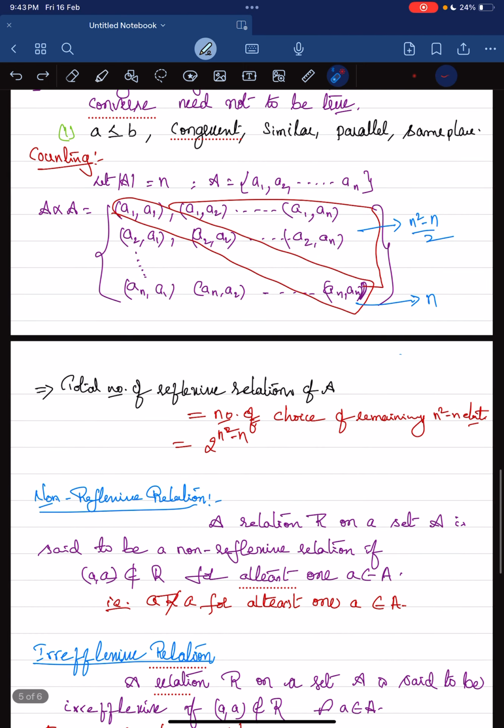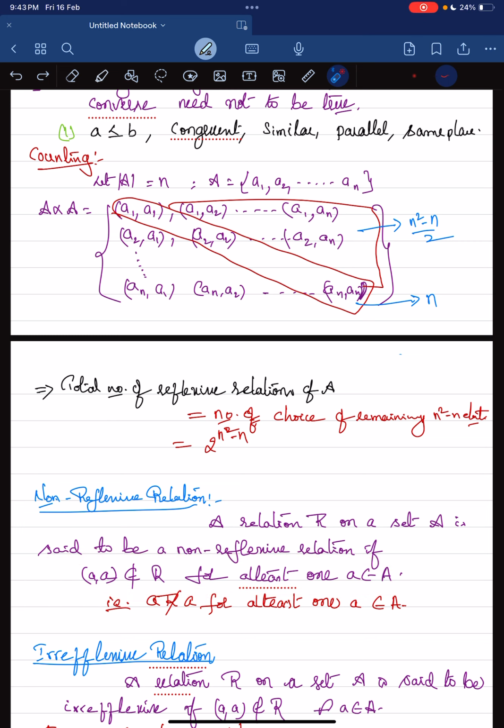Non-reflexive relation. A relation R on set A is said to be a non-reflexive relation if (a, a) does not belong to R for at least one of the ordered pairs. Reflexive relation means it contains (a, a).